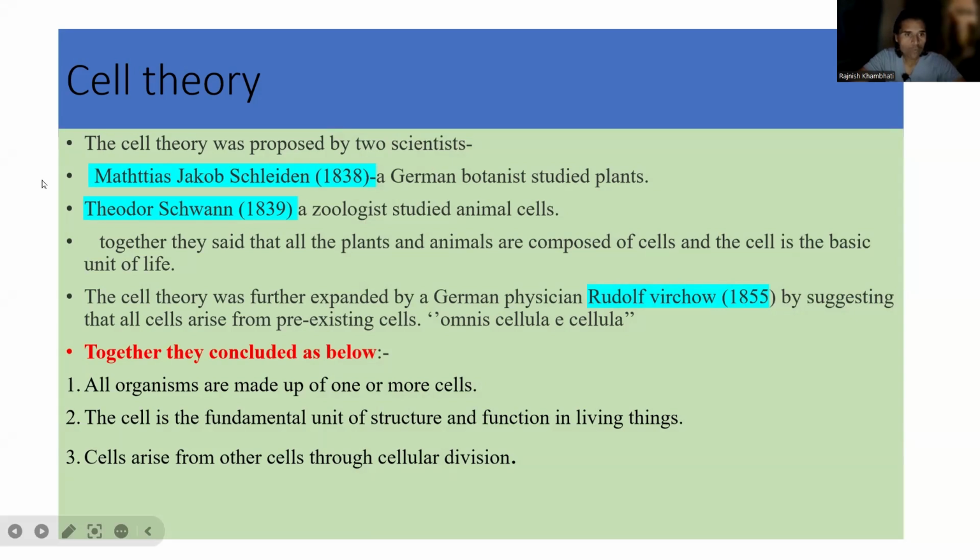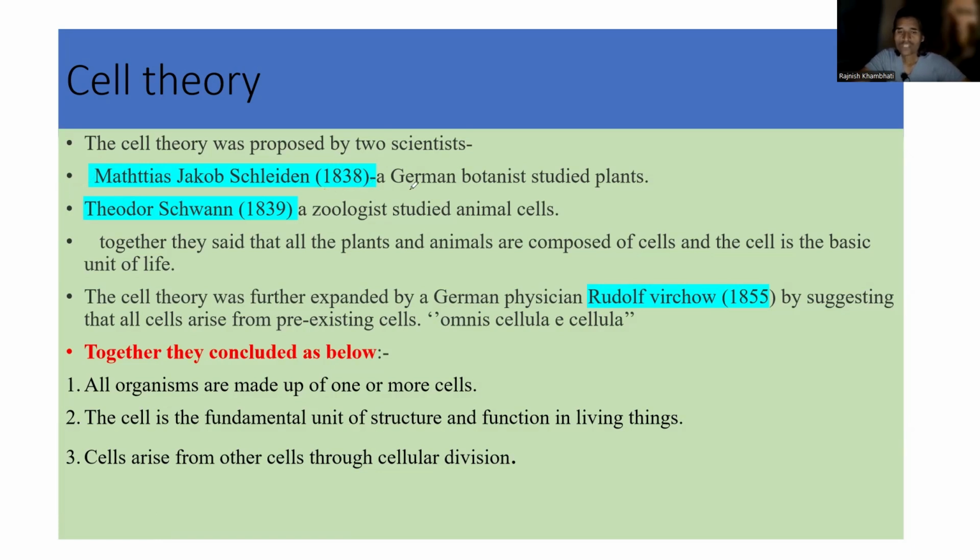Scientist number one is Matthias Jacob Schleiden in 1838.